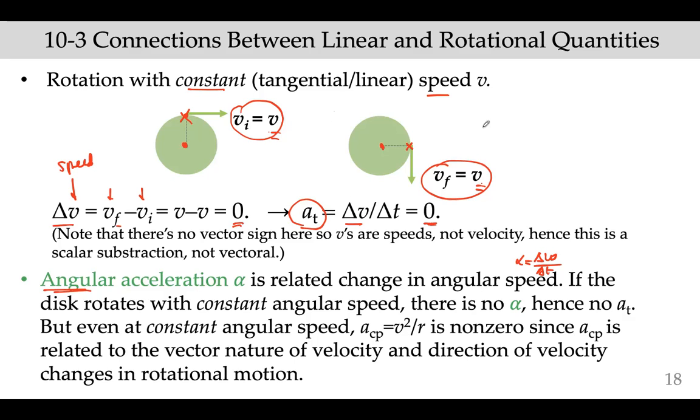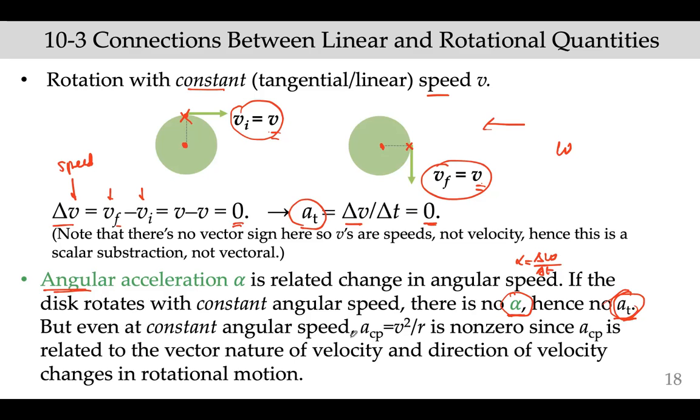So in fact, this is the situation. It rotates with constant speed, and it also corresponds to constant angular speed in this case. So there's no alpha, there's no angular acceleration, hence there's no tangential acceleration as well. Because if you remember from the formula, alpha and tangential acceleration are related. So if this is 0, then tangential is also 0.